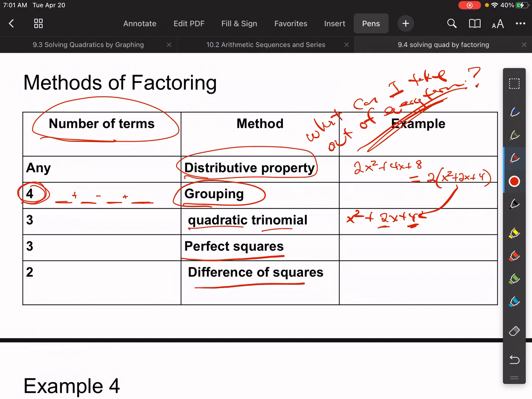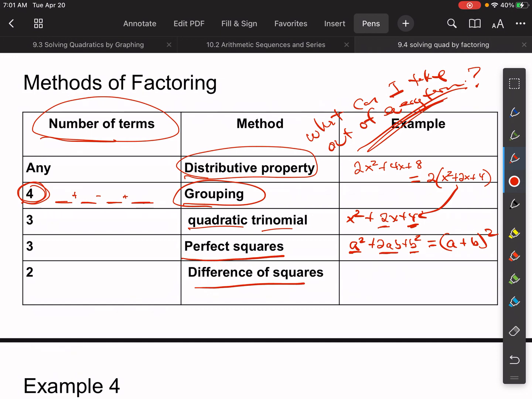Okay, so perfect squares, remember, follow this pattern. We'll use a's and b's here. If we had a squared plus 2ab plus b squared, that's always going to equal (a plus b) squared. This is where we have a perfect square in the first part, a perfect square for the last term, and then 2 times their roots in the middle.